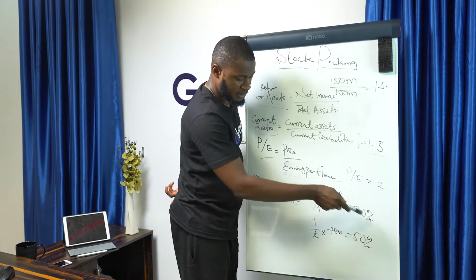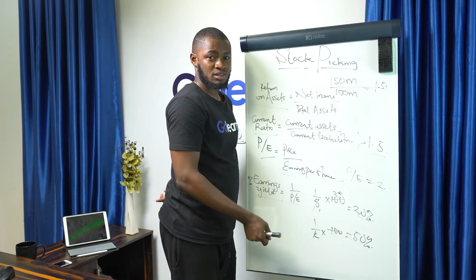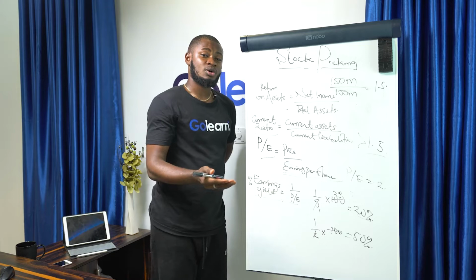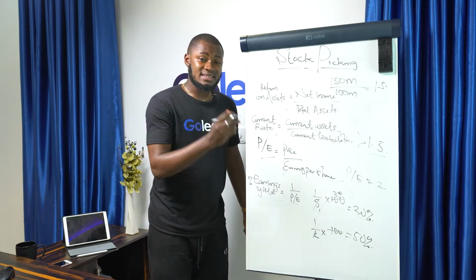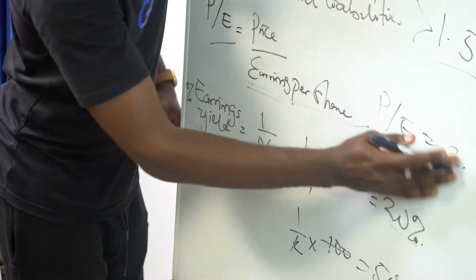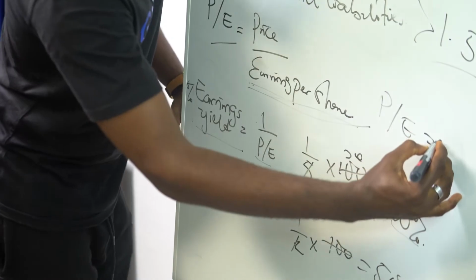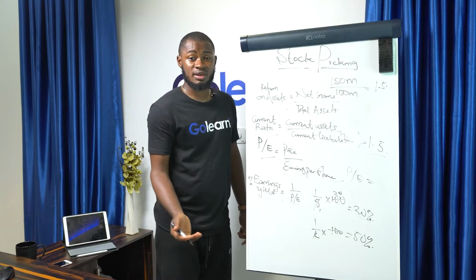If it was to be 5, I'll be getting 20%. The lower the PE ratio, the higher the earnings yield. So there are companies with lesser PE ratios. Their PE ratios are so low that you literally are getting them at the barest discount.